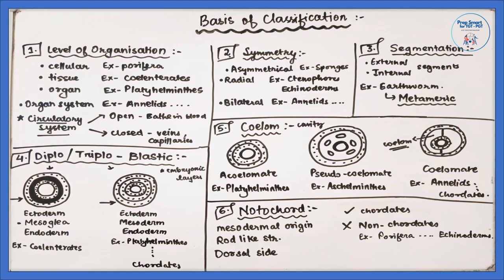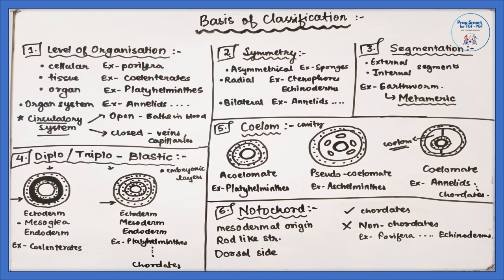The next level is tissue level, where a group of similar cells form tissues that serve specific functions. An example can be coelenterates. Organ level: some tissues join and function as a unit of organ, like digestive organs, which contain different types of tissues. The phylum example is Platyhelminthes.